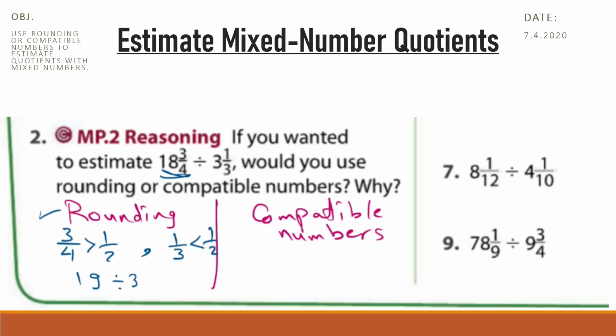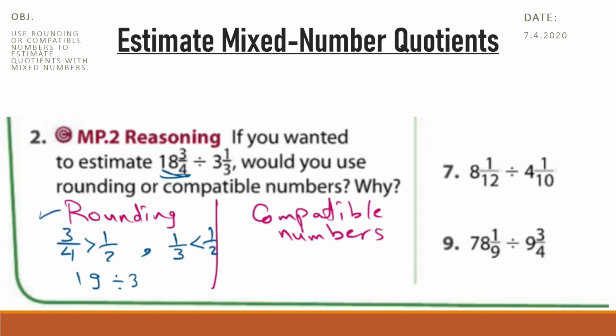That's rounding. Let's see compatible numbers. Compatible numbers means that we're going to search for numbers near to 18 and 3/4 and 3 1/3 that can work together, that can be divided easily.